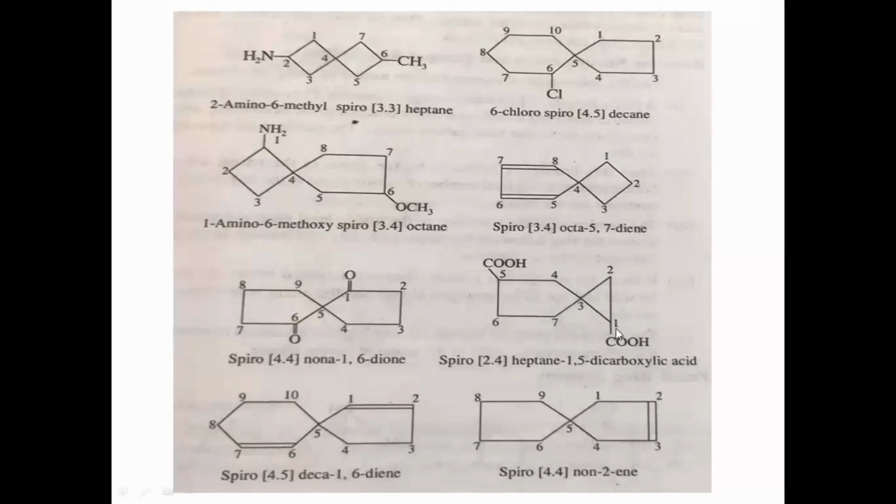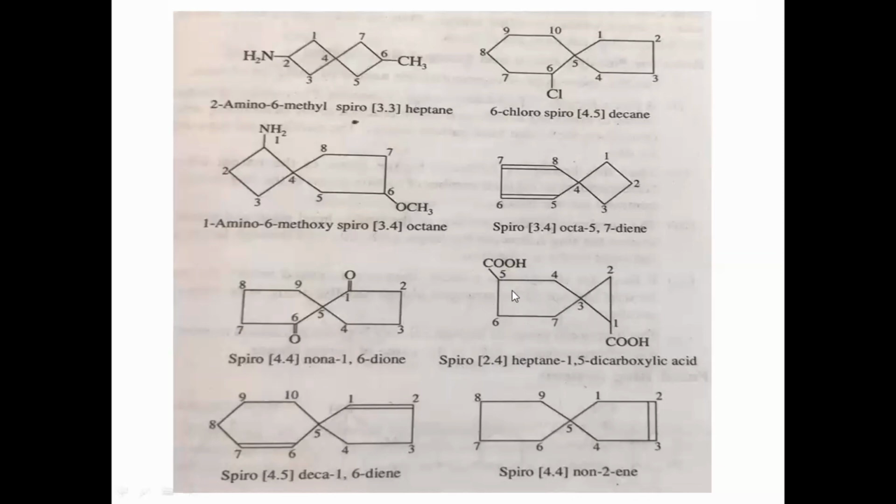You will number it from here 1, 2, 3, 4, 5, 6, and 7. So you will write the name as Spiro word first, then square bracket, then the number of carbon atoms in the rings. So the smaller one comes first, then the larger one. Then the total number of carbon atoms in the alkane is 7. So it is heptane.